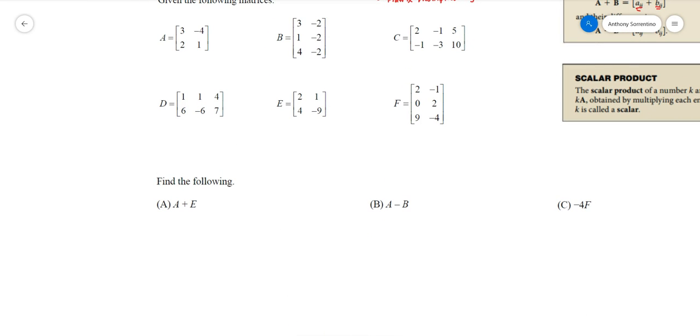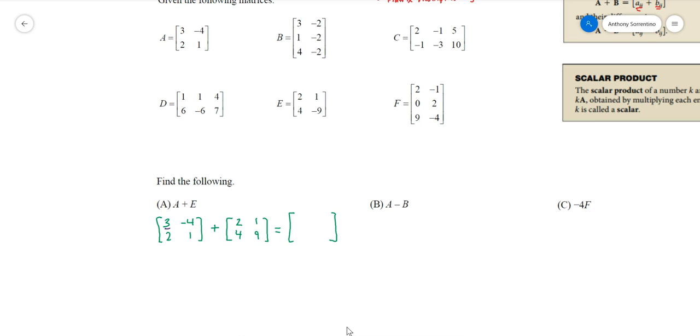So the very first thing, A plus E, I'm just going to rewrite the matrices. As you can see here, they are both 2 by 2 matrices. They have the exact same dimensions, so I can in fact add them. The result is also going to be a 2 by 2 matrix. And all I have to do is add the corresponding parts.